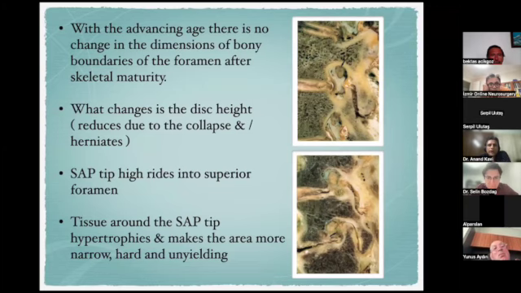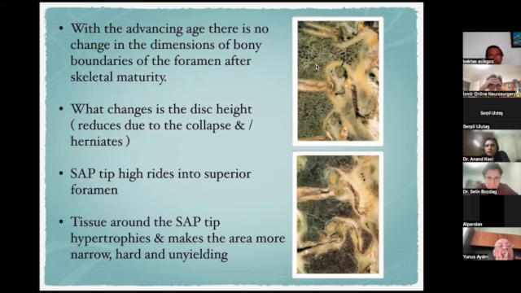And with this collapse, as the disc subsides, the superior articular process tip high rides into the superior foramen. Then the tissues around the tip of the superior articular process, that is the lateral extension of the flavum, hypertrophy and they make the area more narrow and hard and unyielding.